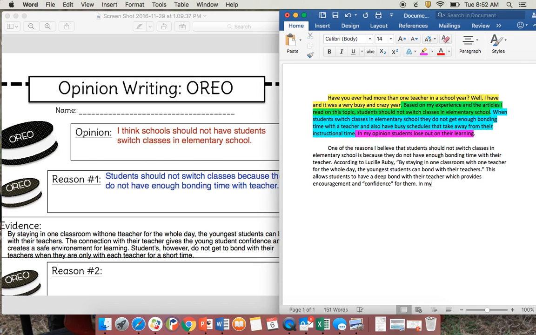In my own experiences, I was never able to bond with my teachers in 4th and 5th grade. I was constantly switching classes. This made me feel unimportant at school.